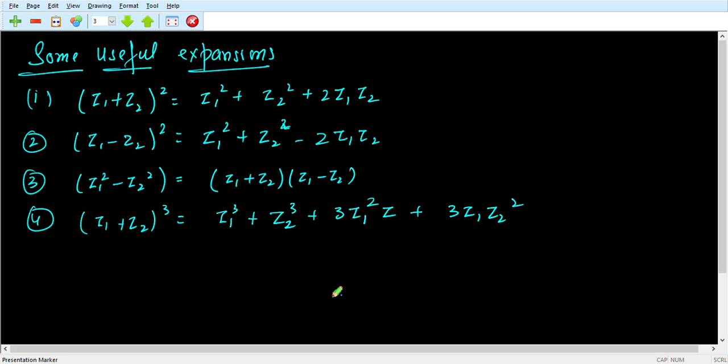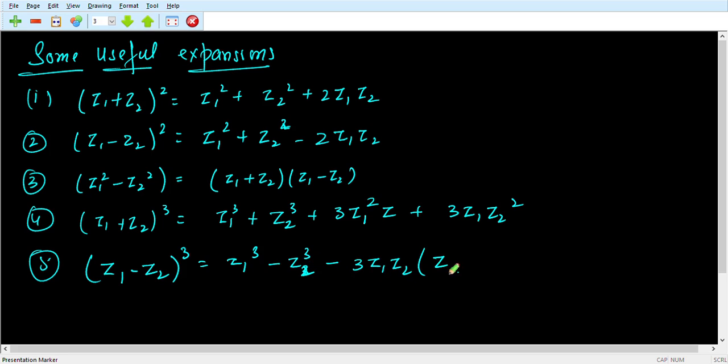So these 4-5 problems you should try on your own. You can easily deduce and solve these problems by choosing different values of z1 and z2. Then (z1 minus z2) to the power 3 is equal to z1 to the power 3 minus z2 to the power 3 minus 3 z1 z2 (z1 minus z2). You should solve this problem on your own.